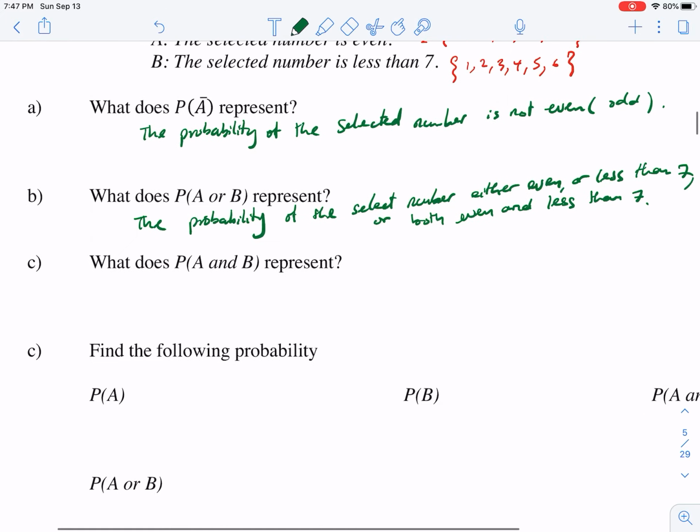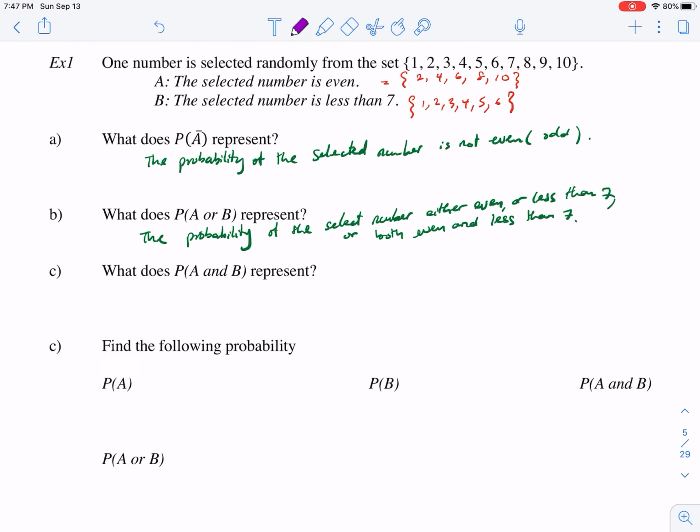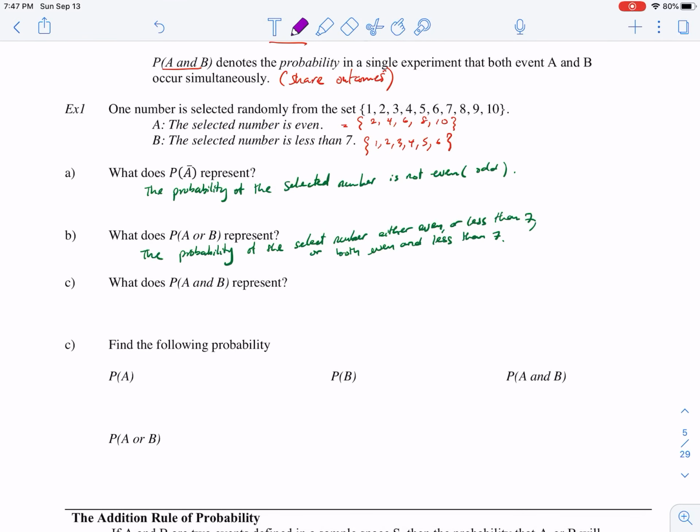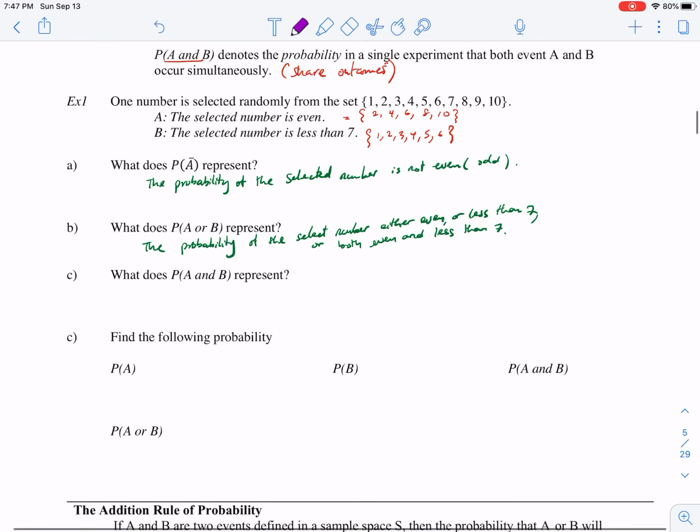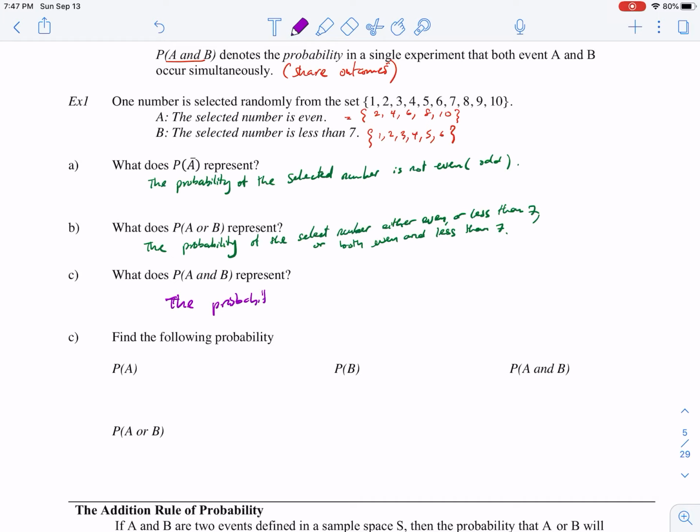What does P of A and B stand for? In this case we're looking at the probability of the selected number being even and less than 7.